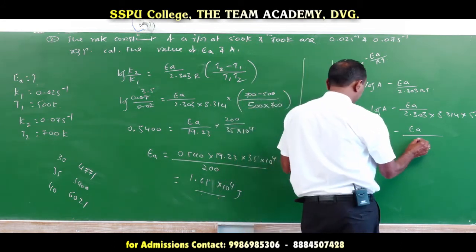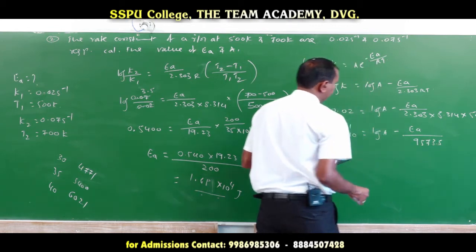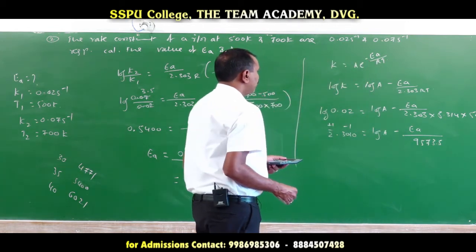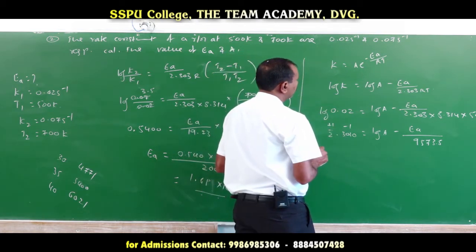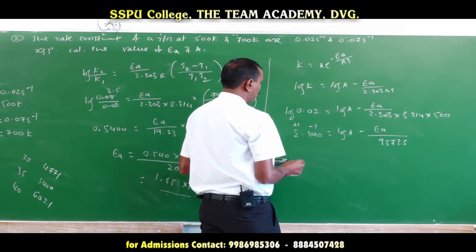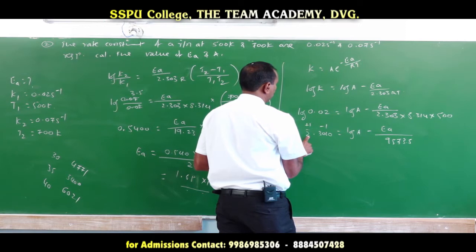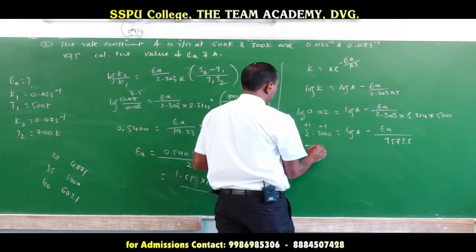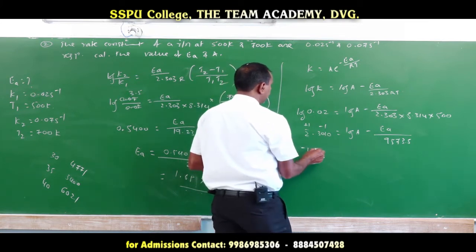So that is 9573.575. Then plus 1 minus 2, that is minus 1 bar, minus 1 only 0.3010, nothing but 0.6990.